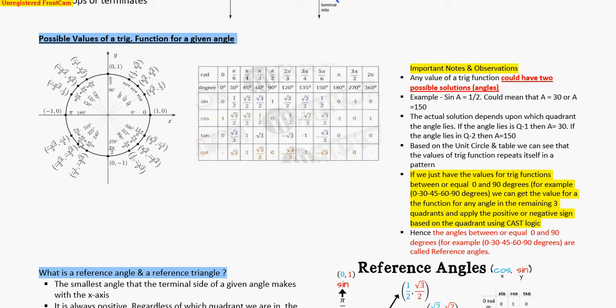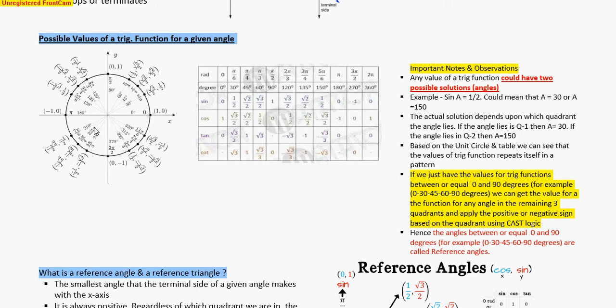And if I'm moving down, if you apply the CAST formula, where C is in the fourth quadrant, C A S T, I know that sine will always be positive in these two quadrants, and sine will always be negative in these two quadrants. So if I have to figure out the value of sine 210, which is a big angle, I don't have to really calculate that, because I know 210 degrees has a partner in the first quadrant for which the value is going to be the same.